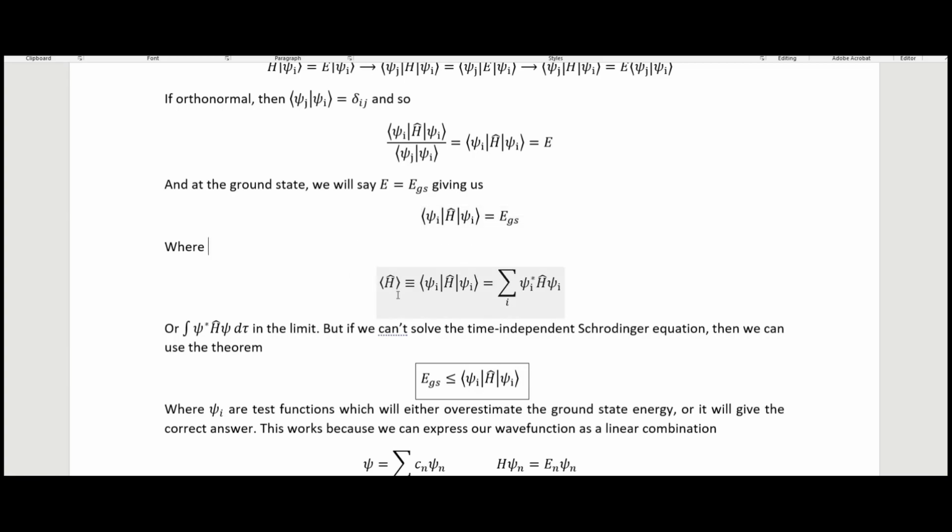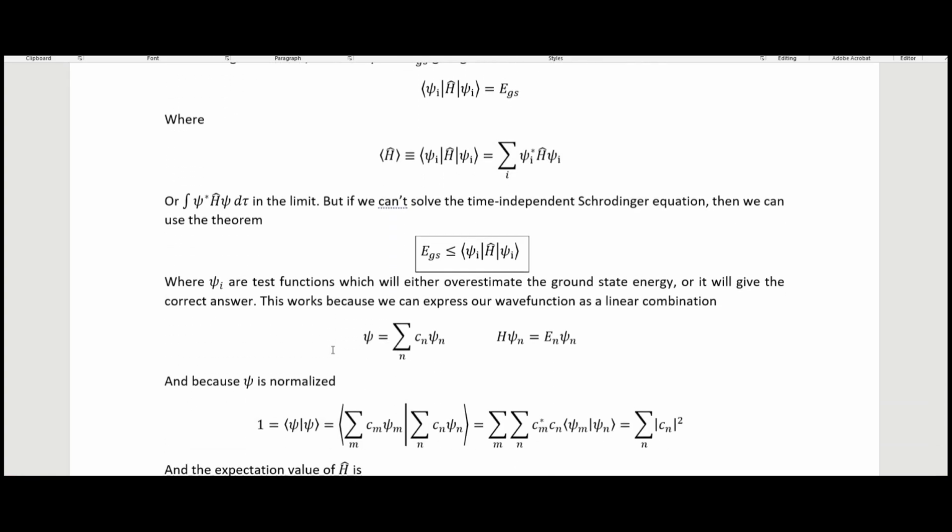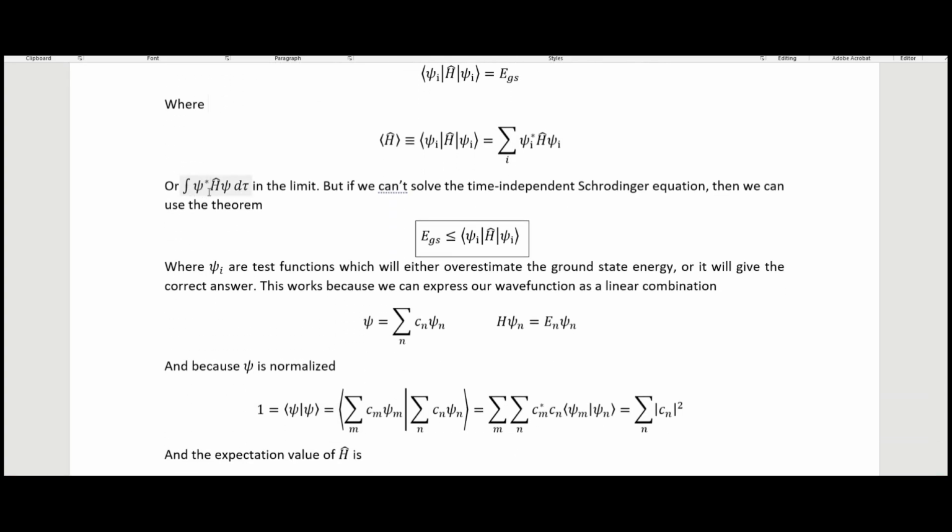And so the expectation value of our Hamiltonian, which is defined as this inner product with the Hamiltonian in it, is equal to the sum over i of all the states with the Hamiltonian acting on them. And that just becomes the integral in the limit.